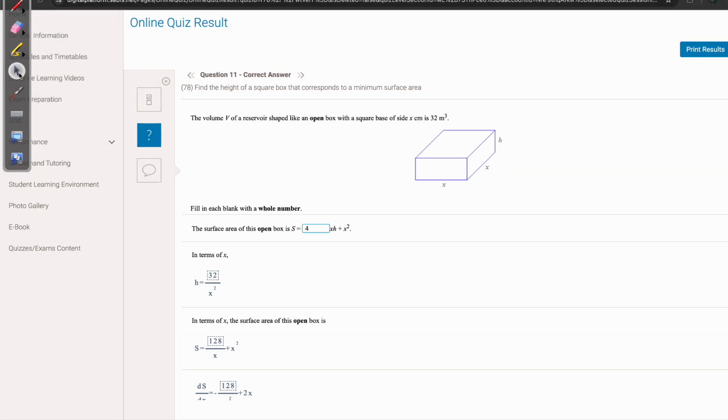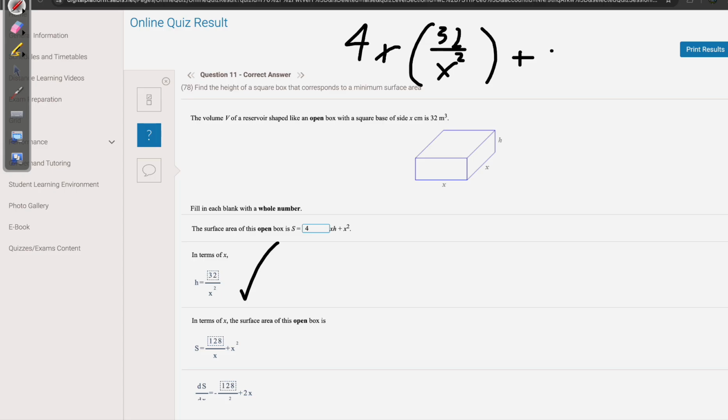In terms of x, the surface area of this open box. Okay, wait, let me write it. Here, for this part, we're just going to substitute h by this. So 4x times 32 over x squared plus x squared. So we just cancel this x, and we'll get 128 over x plus x squared.